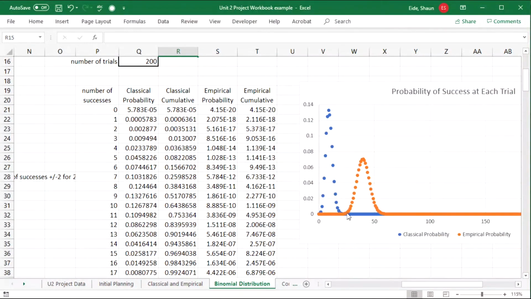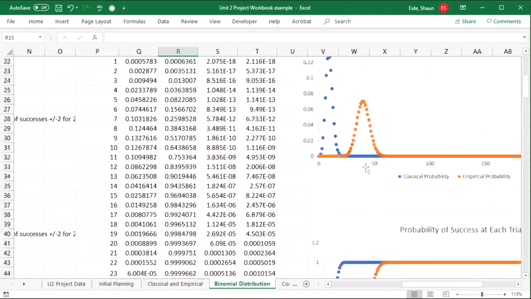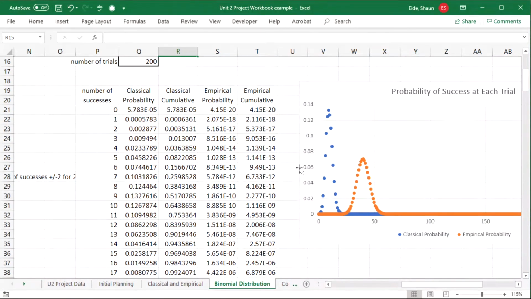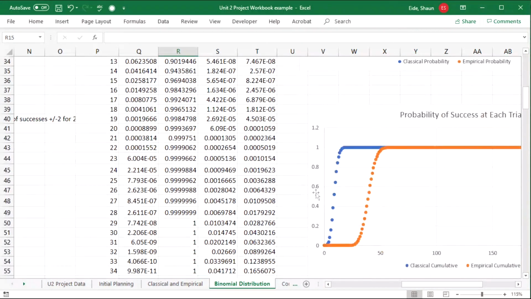Once again, each one of these dots represents a particular outcome and the probability associated with it, and the probability is on the y-axis. On the y-axis here, this is the probability of this particular outcome or less. So that's saying that 0.4 is the probability of you having 38 states from Texas or less.